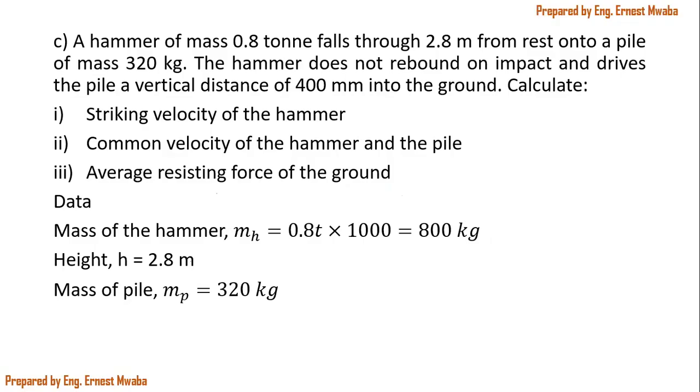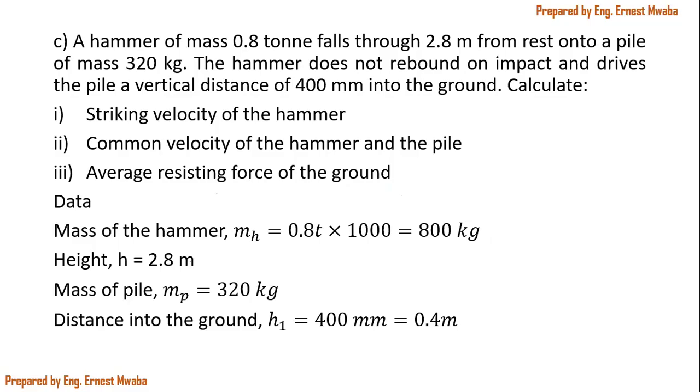Mass of the pile, 320 kg. Distance into the ground, the whole combination of the pile and the hammer penetrating into the ground is 400 millimeters. But we're using SI units, so we have to convert. We divide that by 1,000, so it is 0.4.